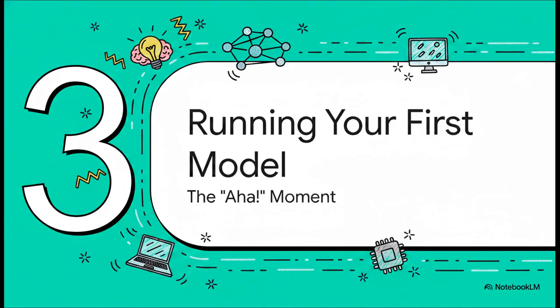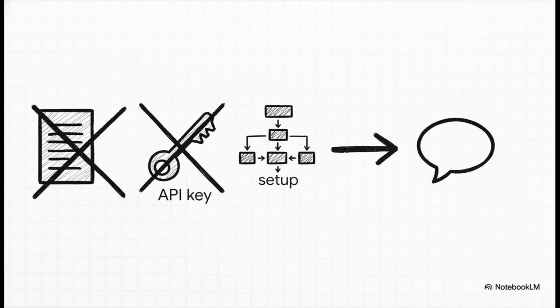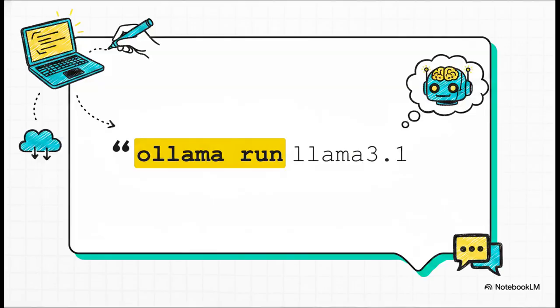Okay, installation is finished. You are now just a few seconds away from what I call the aha moment. This is where you're going to see what all the fuss is about. That's right. No more setup, no messing around with configuration files, no hunting for API keys. It's time for you to have your very first private, local AI conversation. It all comes down to this one simple command. Open up your terminal or your PowerShell and just type ollama run llama3.1.